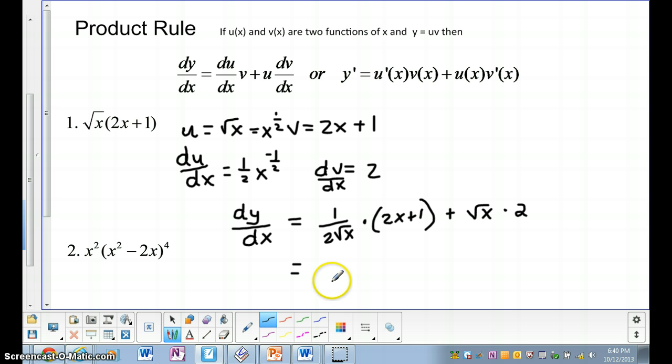Now we will combine like fractions. Our common denominator would be 2 times the square root of x. So I'm going to go ahead and multiply over here by 2 times the square root of x over 2 times the square root of x.